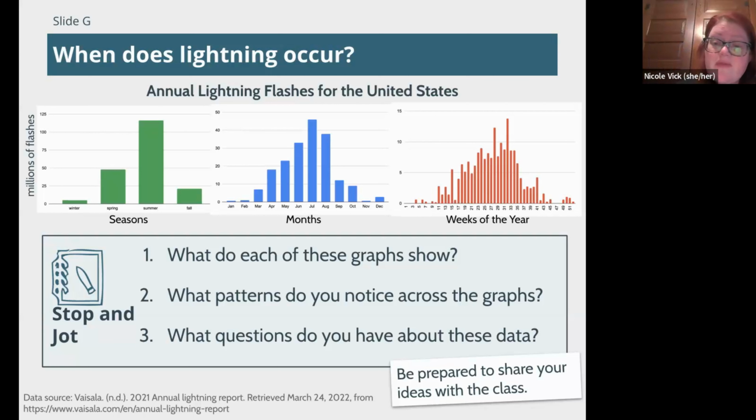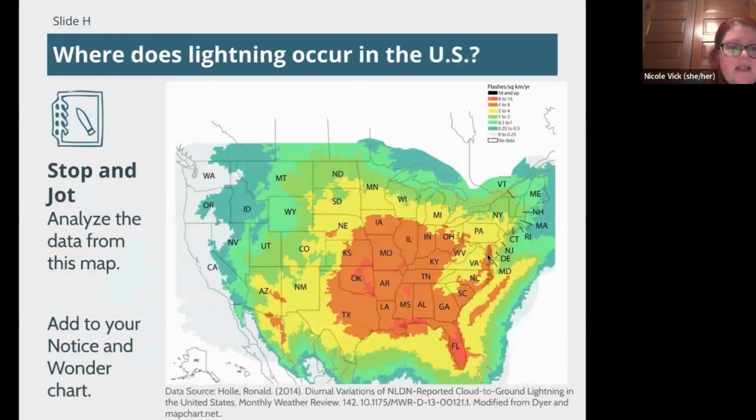I noticed several of you asked some questions about where the data is coming from. So let's look at a map of the United States and see if there are portions of the United States that maybe receive more lightning than others. So Sarah, if you want to go ahead to the next slide. Okay, I know we're probably from all over the United States.